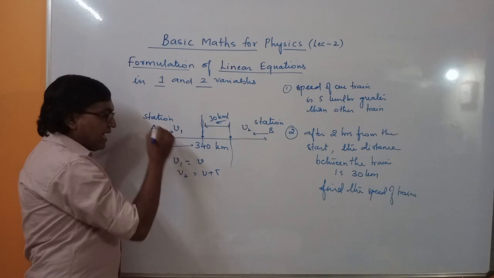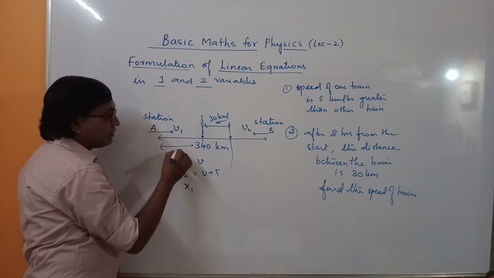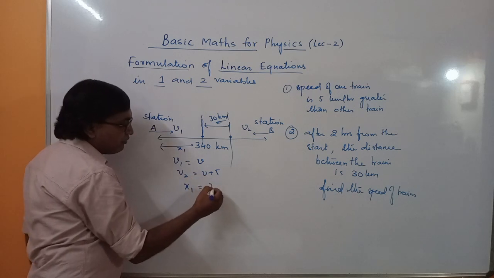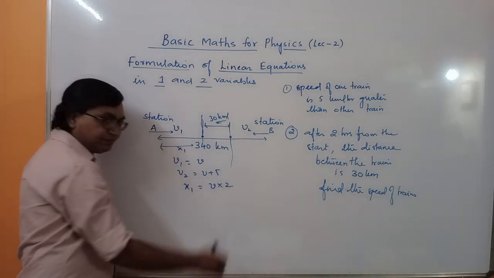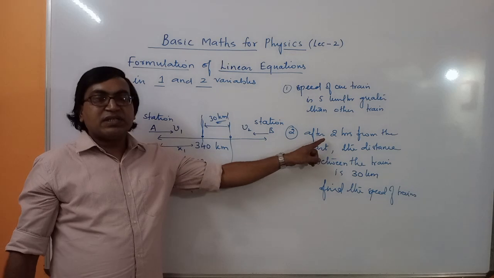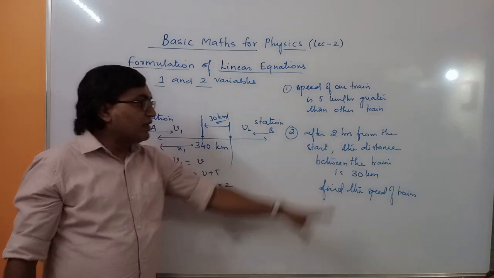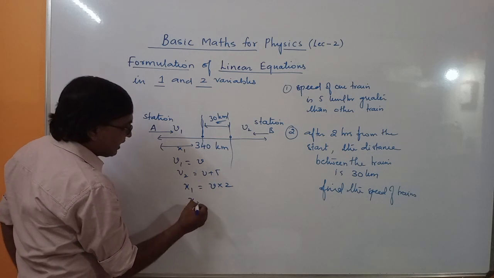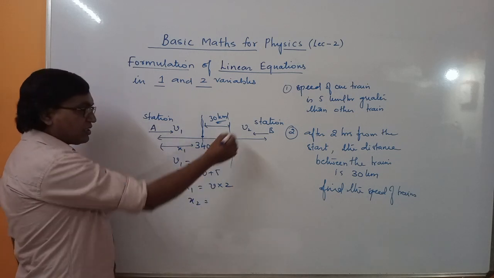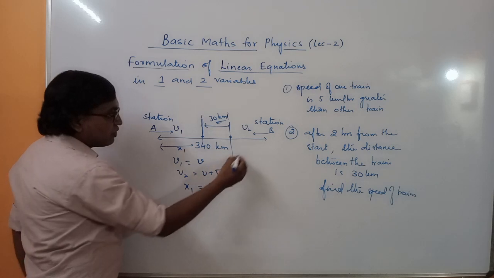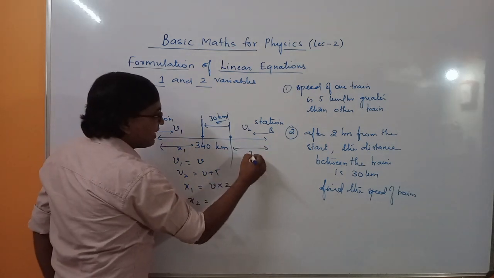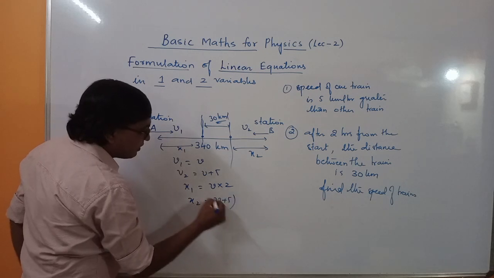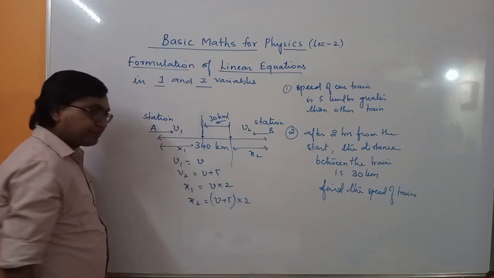Then if A has travelled a distance of x1, that will be equal to V into 2, so x1 is 2V. Similarly x2, the velocity of the other train is V plus 5, so x2 will be equal to (V plus 5) multiplied by 2.